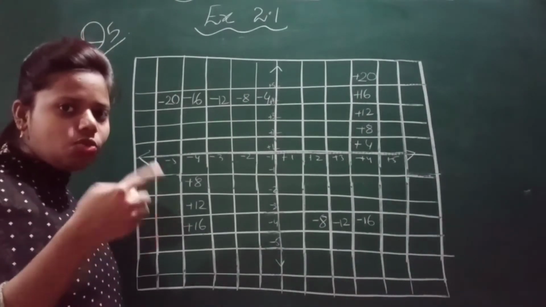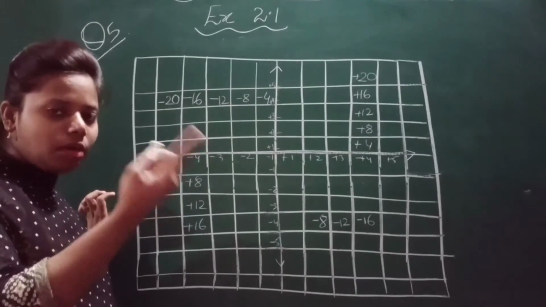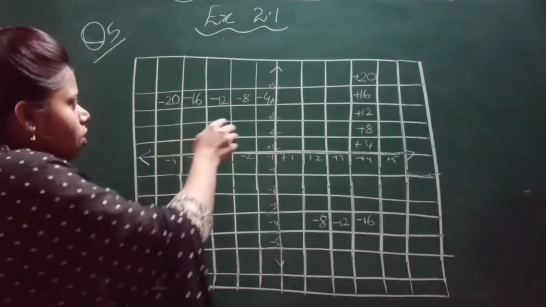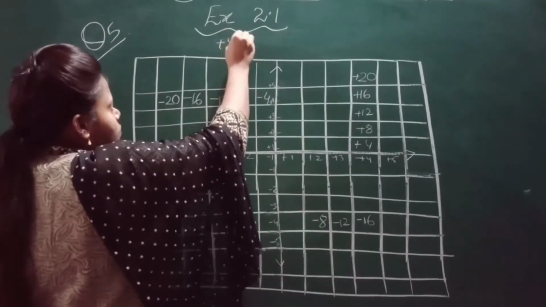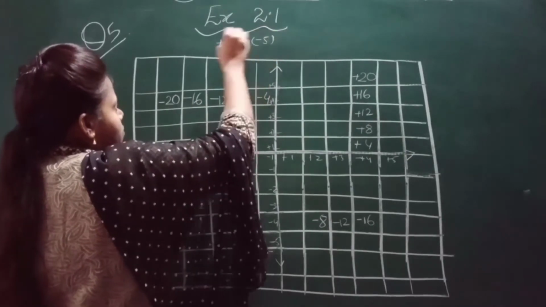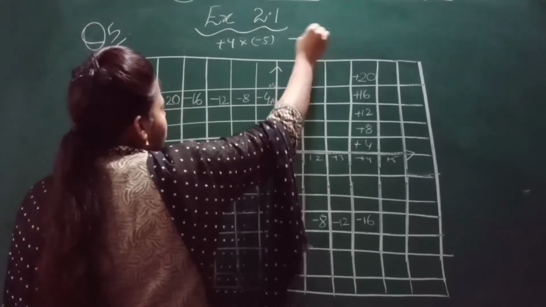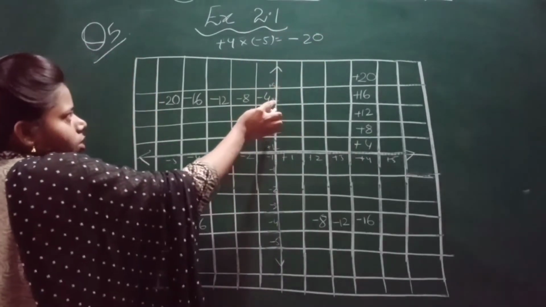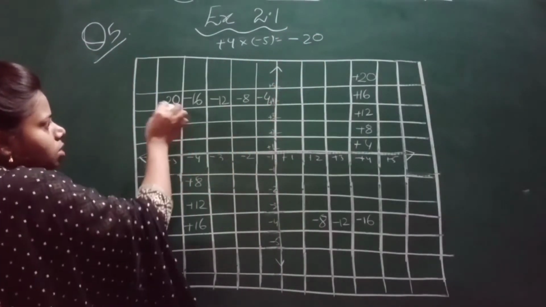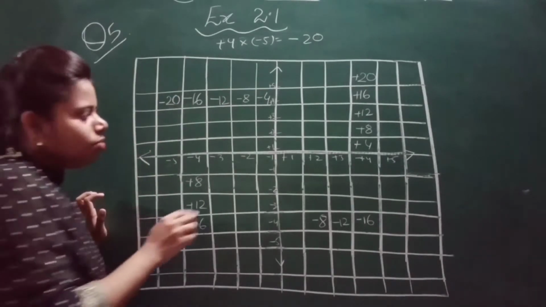But in multiplication, you put the sign by the rule: plus minus is minus. Here I have multiplied plus 4 into minus 5. So this is plus minus minus, and 4 fives are 20. So plus 4 into minus 5 is minus 20. It is very easy.